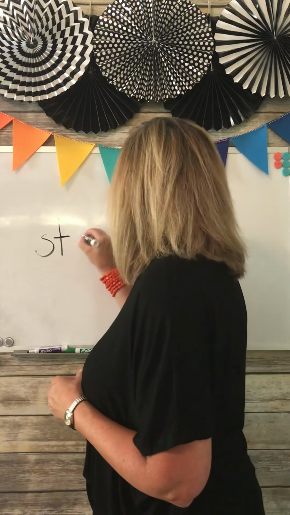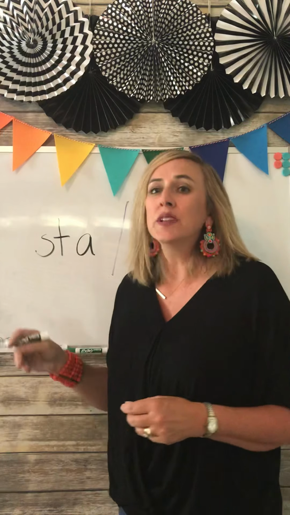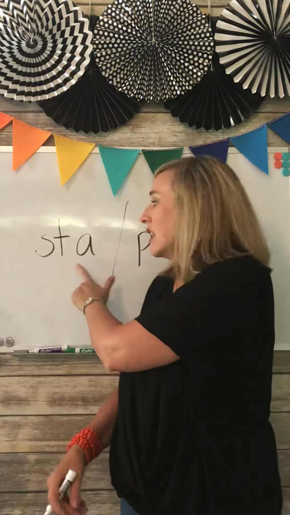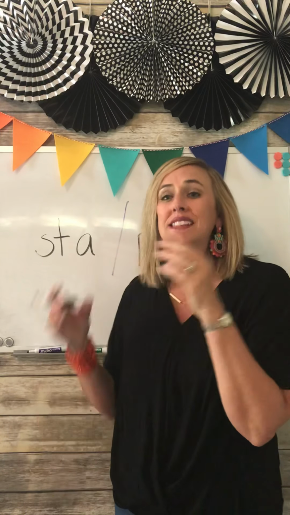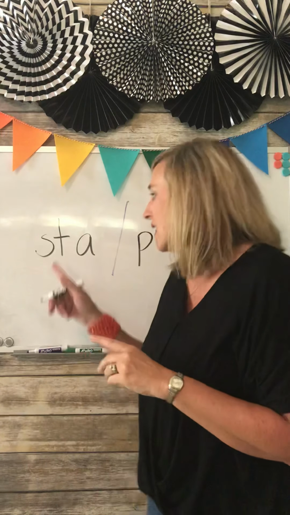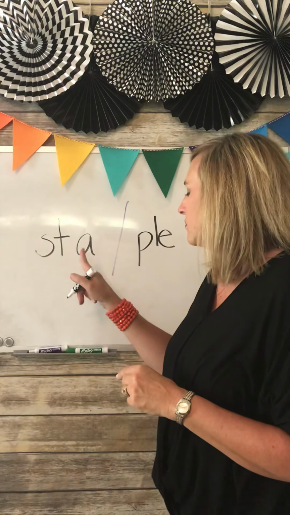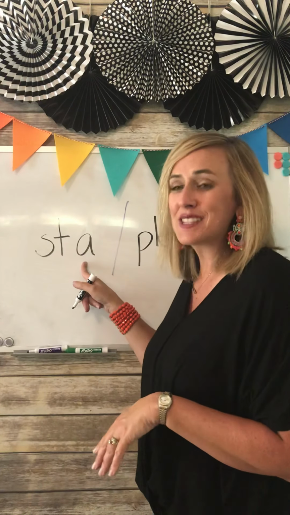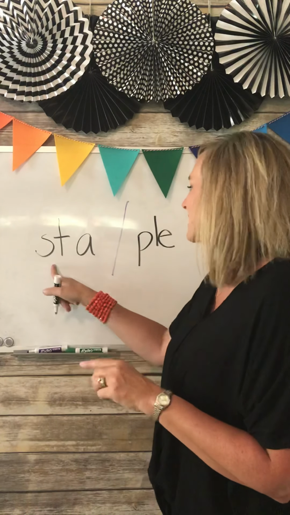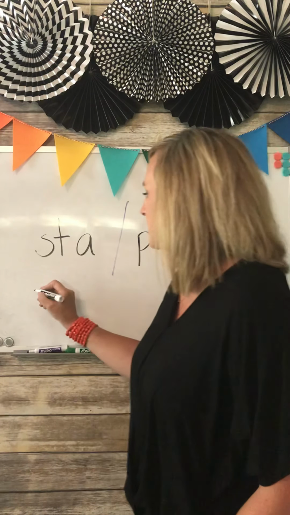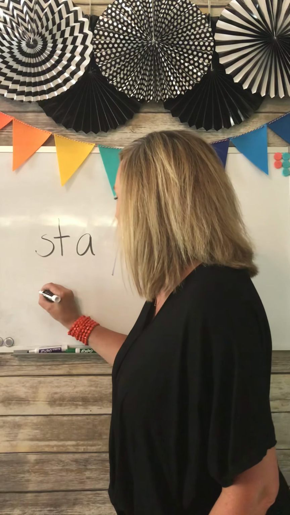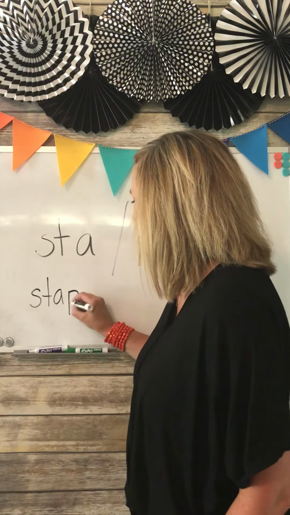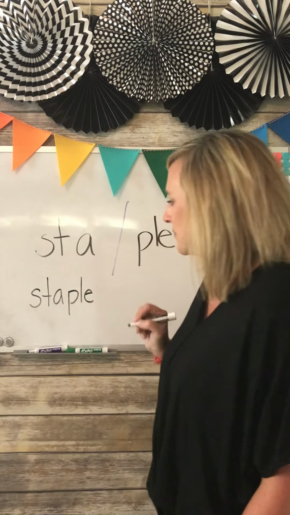In this first syllable, st-a, that vowel makes this long sound, a. So I know that this is going to be an open syllable because I hear that vowel make its long sound. In an open syllable, the vowel is the last letter in that syllable, and it makes its long sound. So staple should be spelled S-T-A-P-L-E.